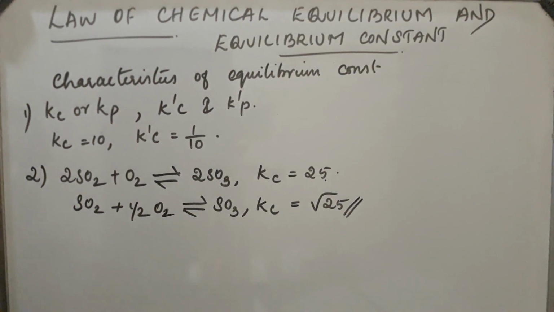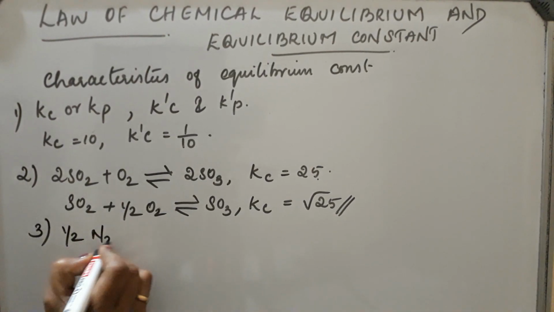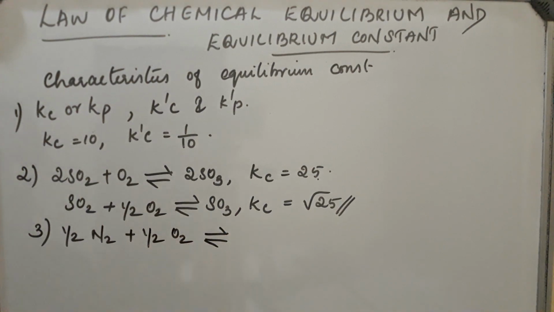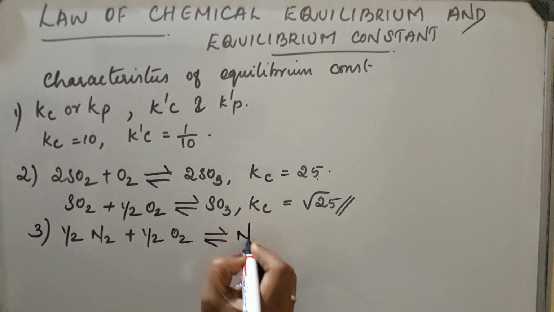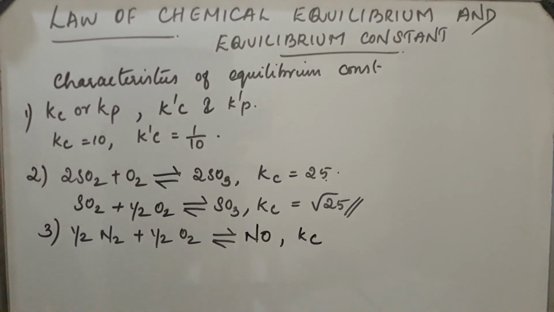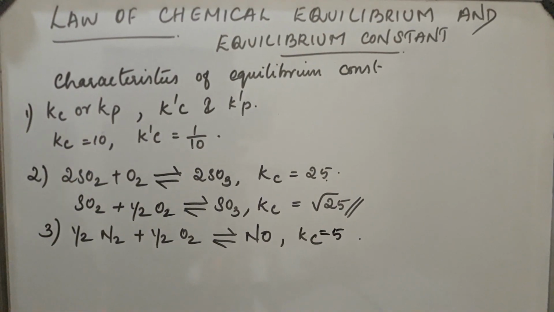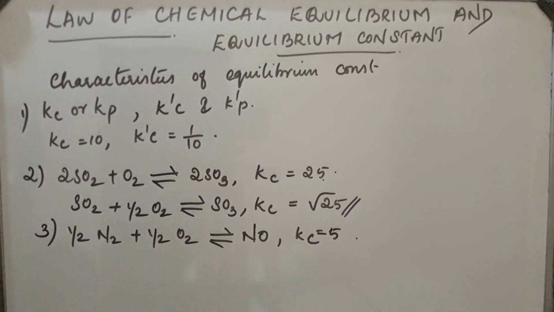Now, next, third point. Take another equation, half N2 plus half O2 gives NO, and the equilibrium constant Kc is 5. In this equation, what happens if we multiply this equation by 2, or we double the equation?